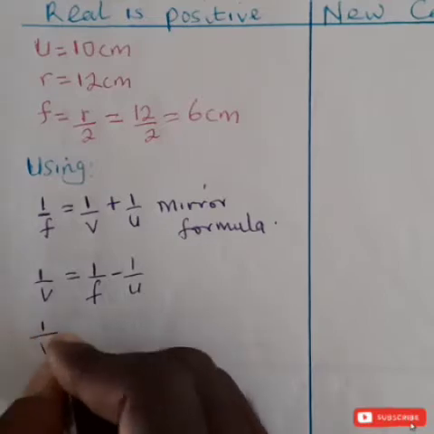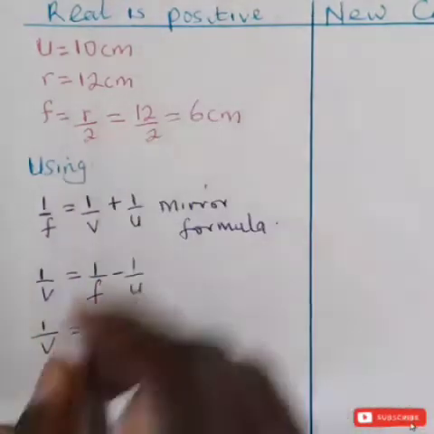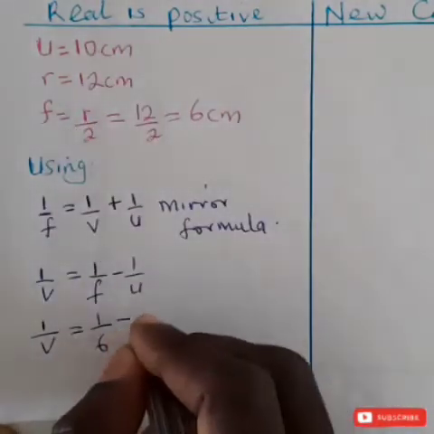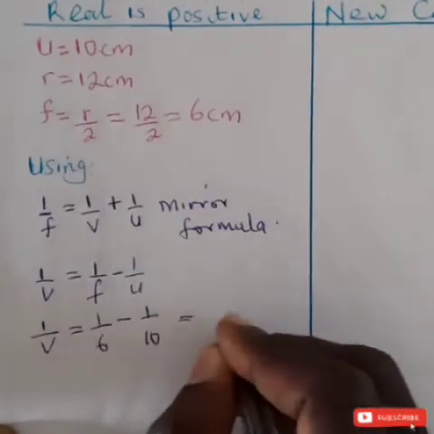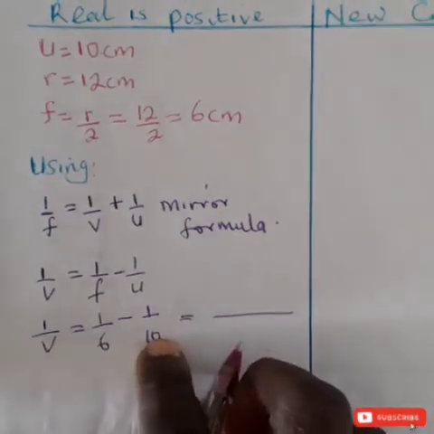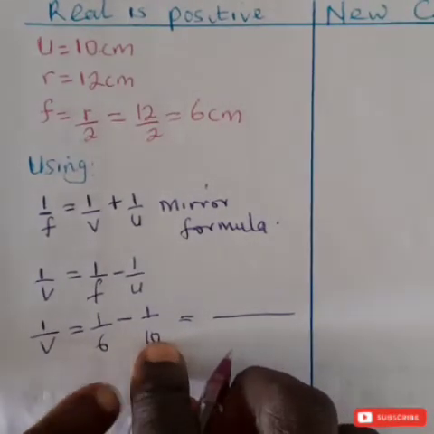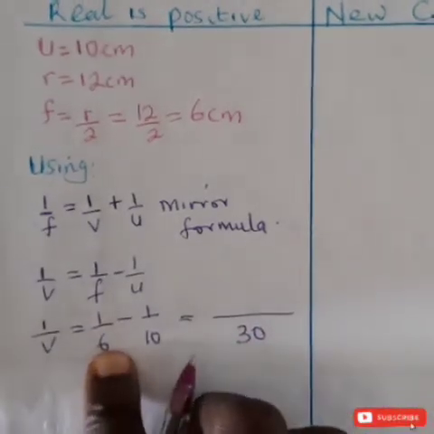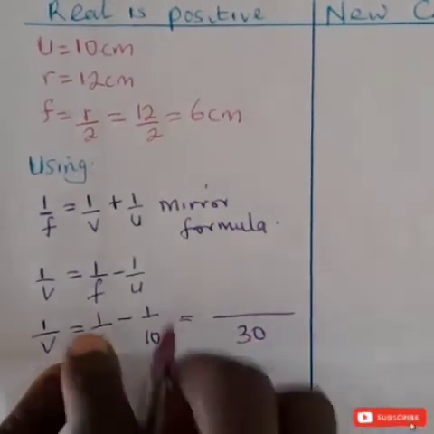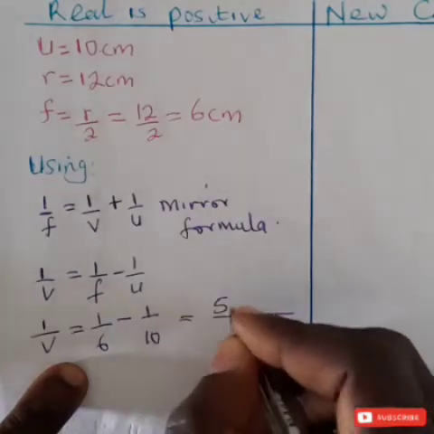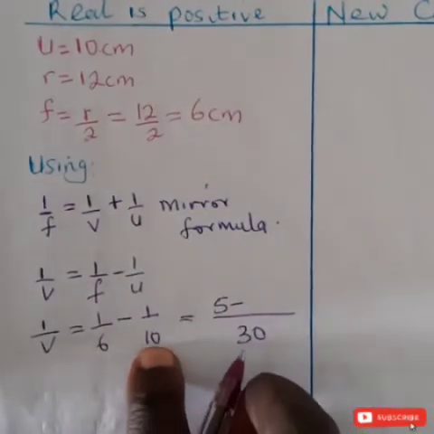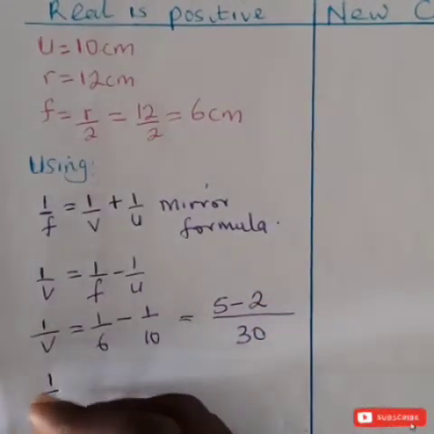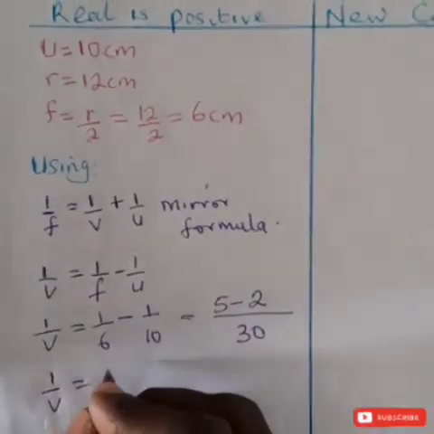So 1 over v equals 1 over 6 minus 1 over u. My u is 10. So I'll get the LCM of 6 and 10, which is 30. 30 divided by 6 is equal to 5, 5 times 1. So I have 5 minus 30 divided by 10, that is 3, 3 times 1, that's 3. So 1 over v equals 5 minus 3 over 30.